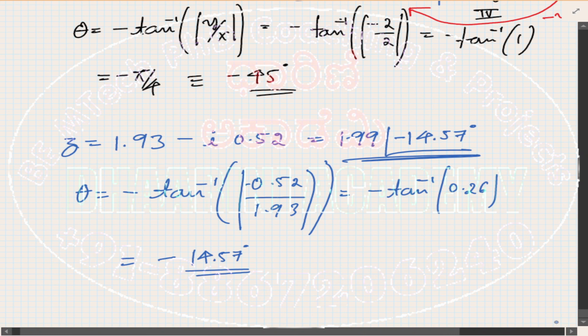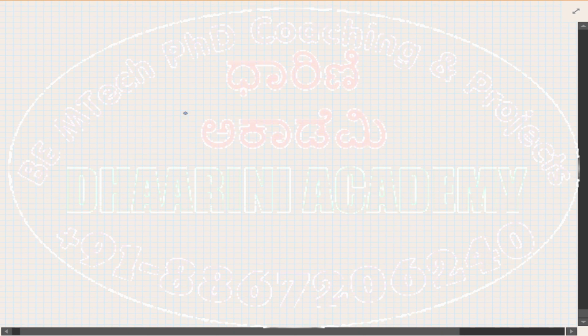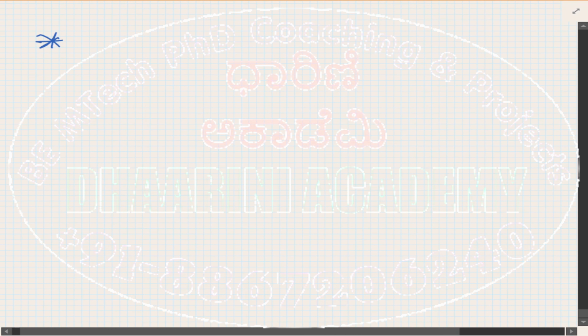The next question is this. Convert the following term into its magnitude and argument. Z is equal to 2 plus i, whole divided by 4i plus 1 plus i the whole square.